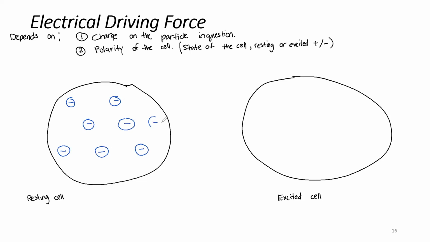But for right now, we know that the inside of the cell is more negative than the outside of the cell. So we've got a few positive charges inside and then much more positive outside the cell.